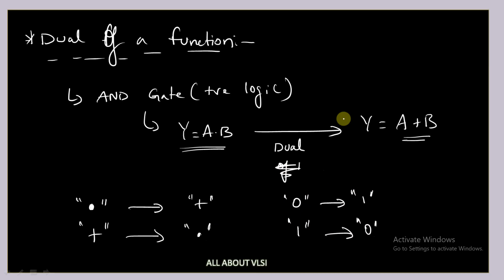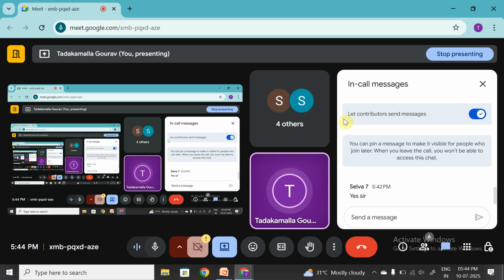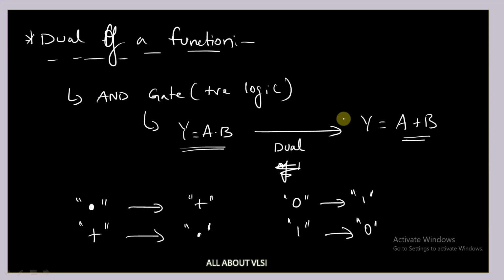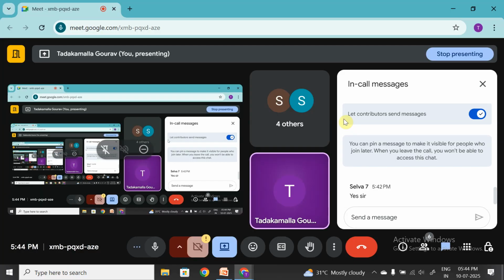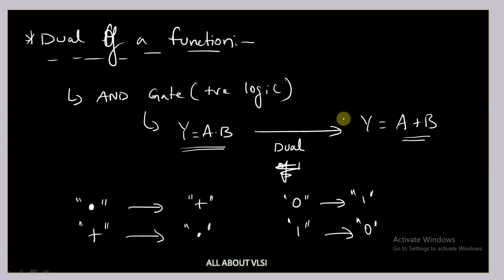Now, can anyone conclude what we are doing? So what is the dual doing actually? Why are we performing the dual? From this entire discussion, converting dot operator to plus operator, plus to dot, what is the dual doing?